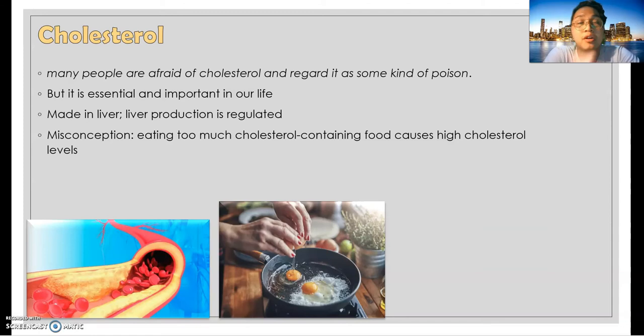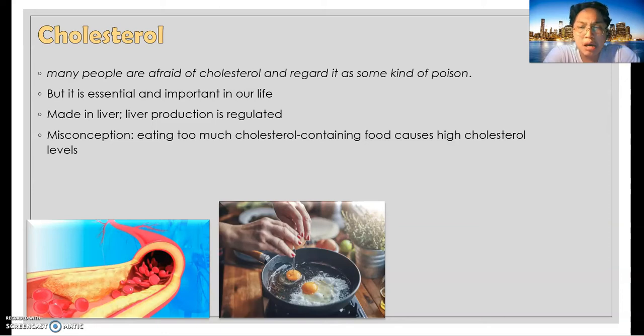Actually, our body also produces its own cholesterol. It is manufactured in our liver, and its production is regulated.